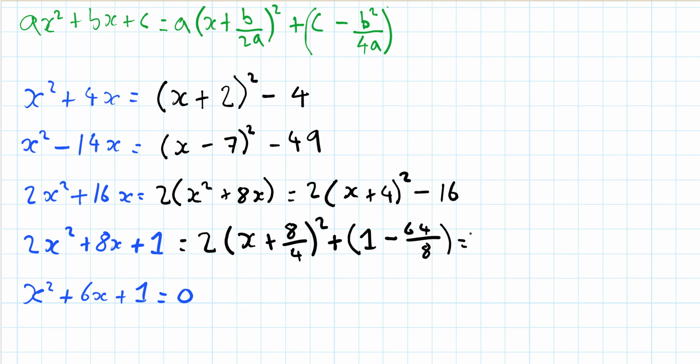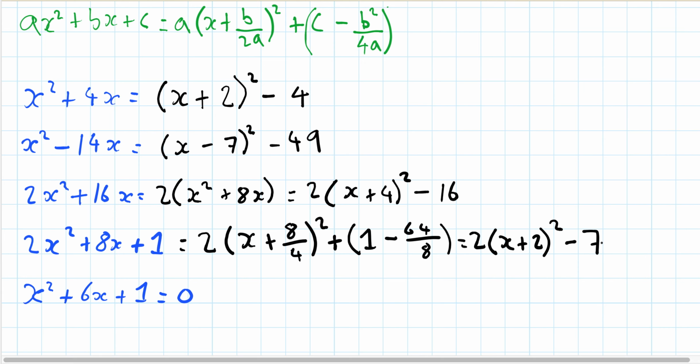That equates to 2 times x plus 2 squared plus 1 minus 8, so it's going to be minus 7.